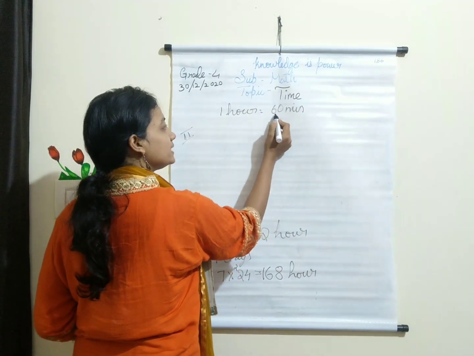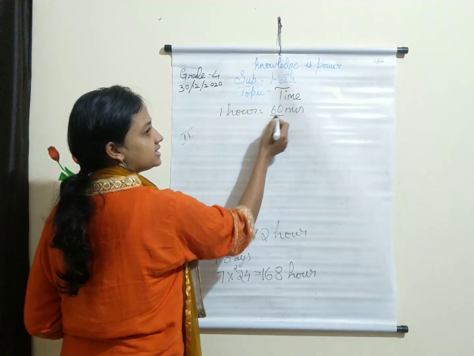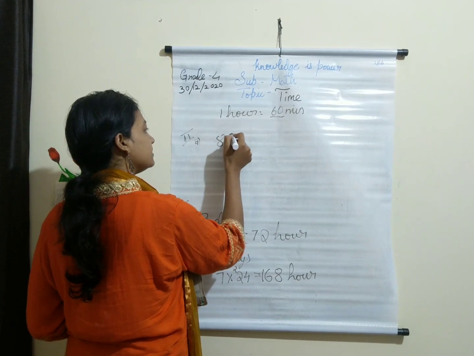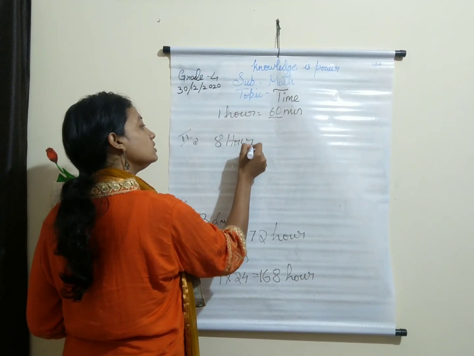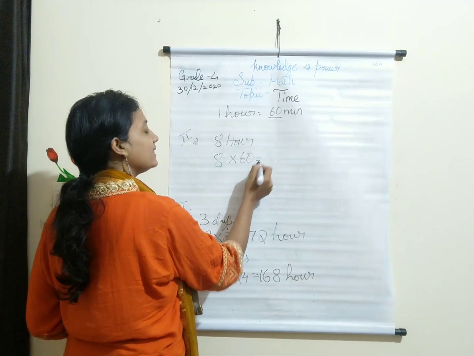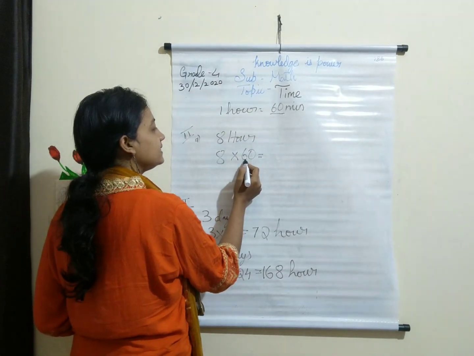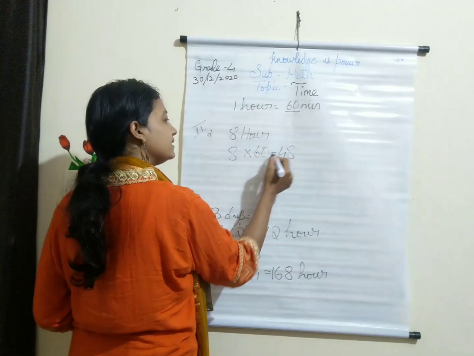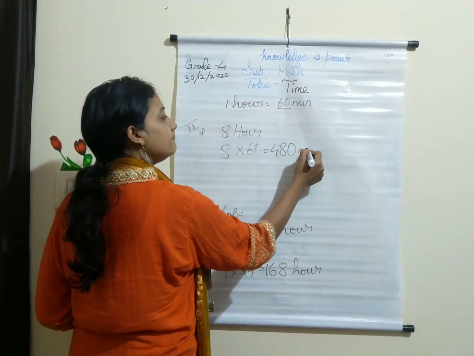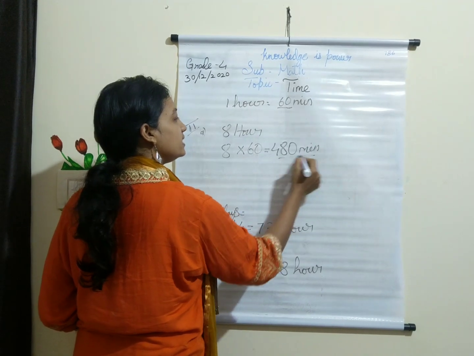So you will be multiplying the number with 60 here. First one, 8 hours. You just take 8, multiply with 60. 8 sixes are 48. Write the 0 at the end. It is 480 minutes. This would be your answer.